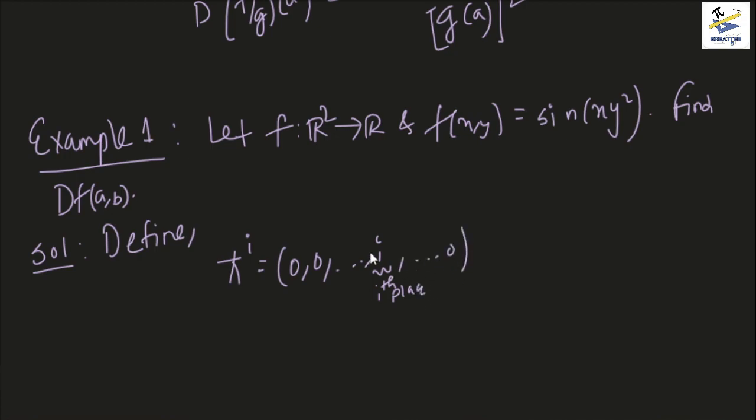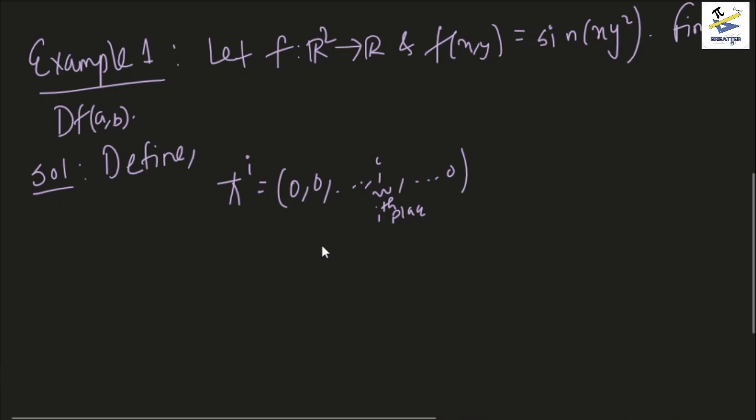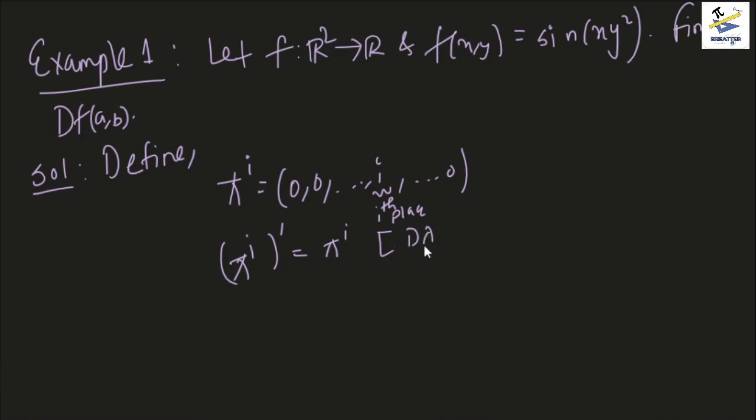Okay, so this is pi i, and also define that pi i prime is basically equal to pi i. This is from the example we did before, that if lambda is a linear transformation, then d lambda is basically equal to lambda. So the derivative of a linear transform is the linear transform itself.